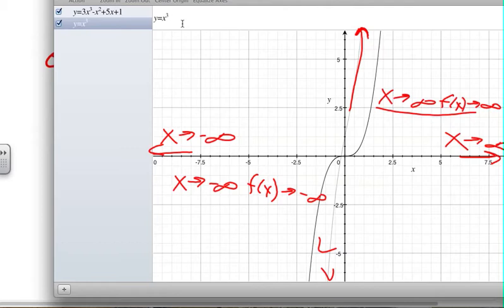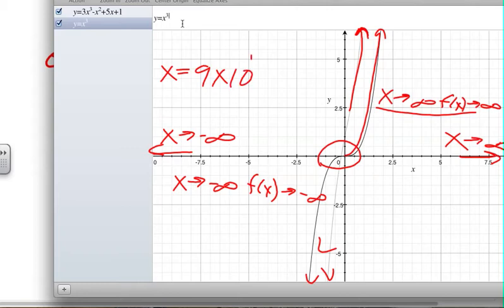Now, the reason we've got this put on, you notice that down here, these things look very different. But if you look at the end behavior, it is the same. And the reason being, as x gets really big, for instance, if we let x equal 9 times 10 to the 121st, that's a really big number.